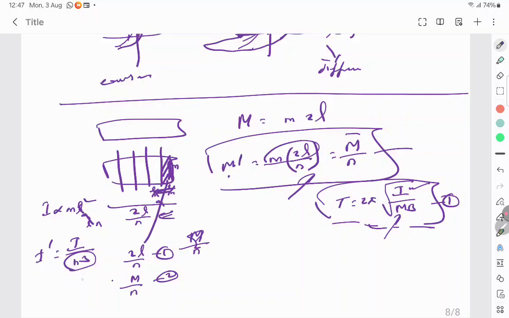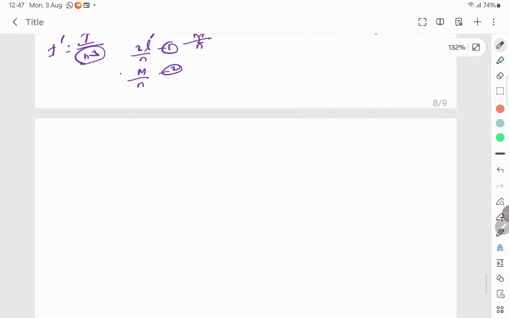Okay, let's see. The new moment of inertia is I by n cube, where moment of inertia is m into L square. The mass has got divided by n because you've cut into n pieces. So the new mass is inversely proportional to n.